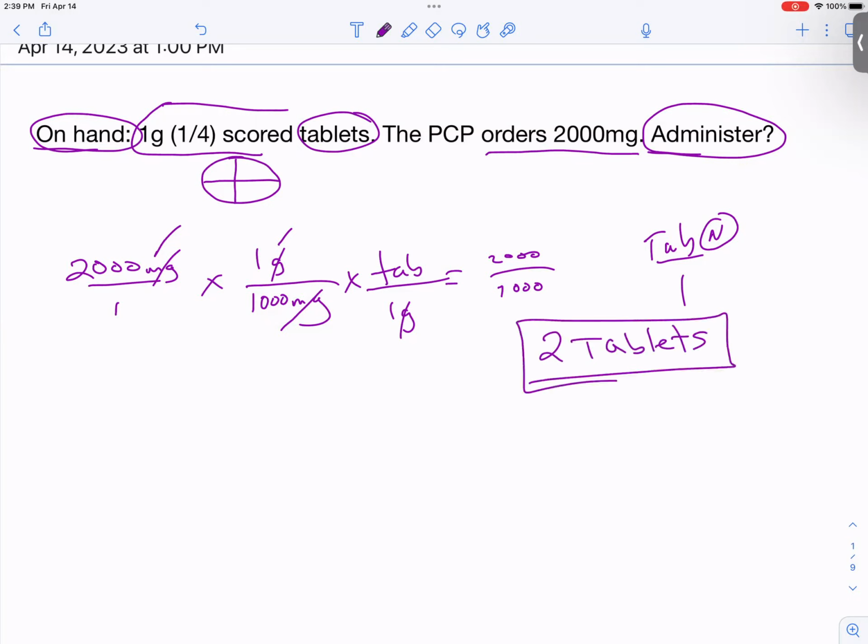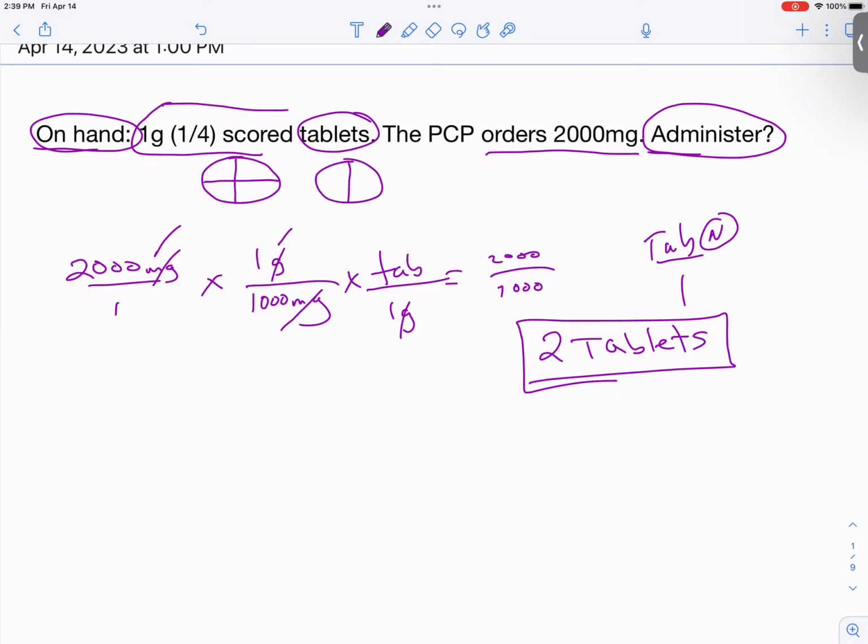All right, beautiful. Let's try another one. Anybody have any questions about that? Yes, I got thrown off with the 1/4. Okay, the issue was students didn't understand how the tablet was scored, because it can be scored either in half or in quarters. So you will see a picture of either a quarter or a half.